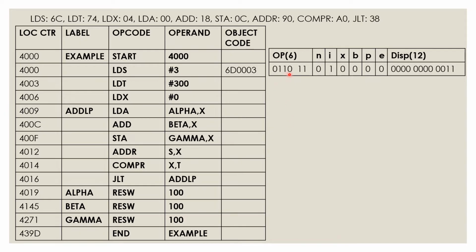By grouping the first 4 bits we get the value 6, the next 4 bits, 1101, we get D, the next 4 bits 0000 we get 0, the next 4 bits 0000 we get 0, again the next 4 bits 0000 we get 0, and the last 4 bits, 0011, we get the value 3. So the object code for LDS #3 is 6D0003.